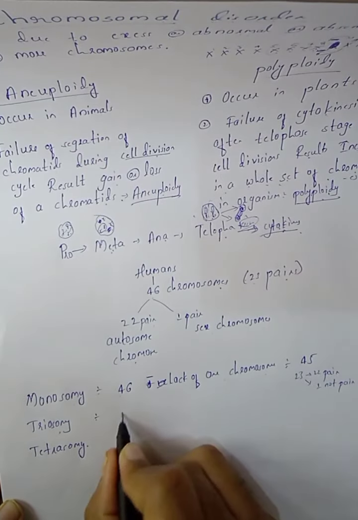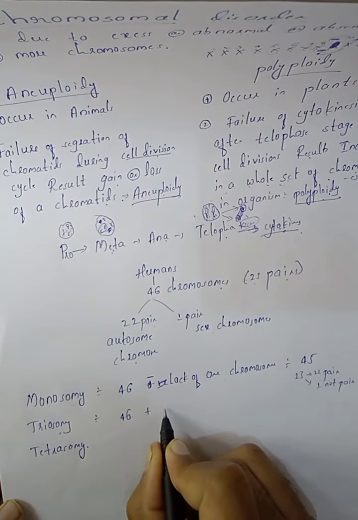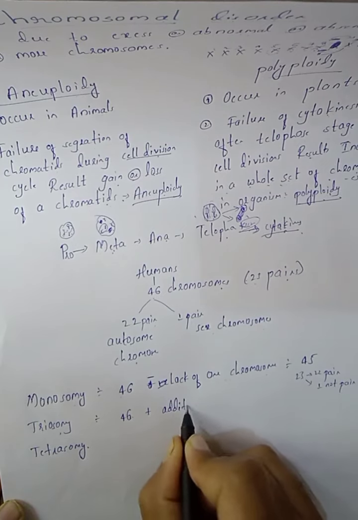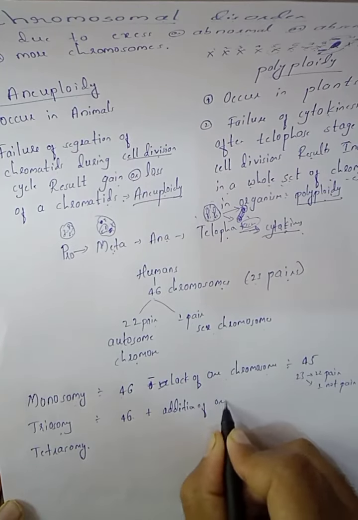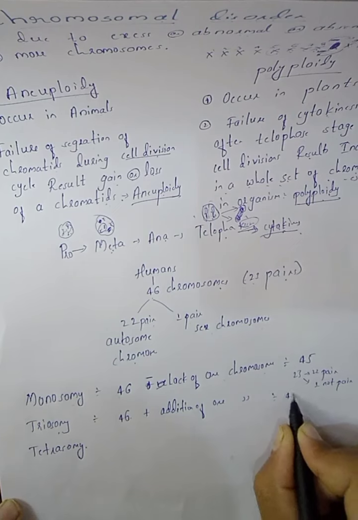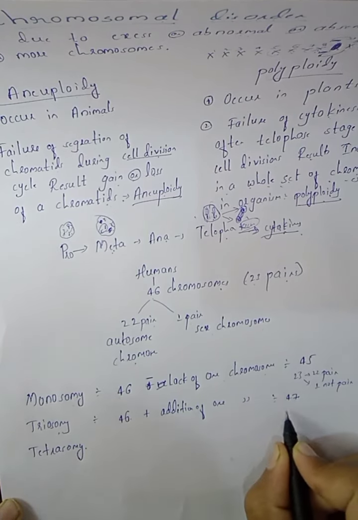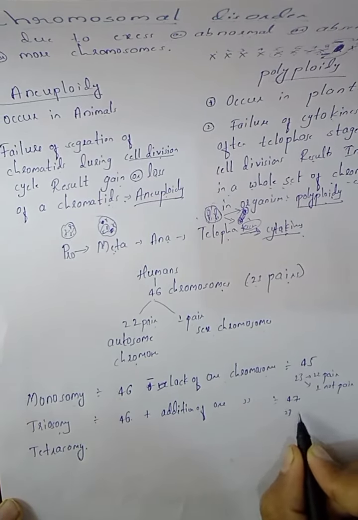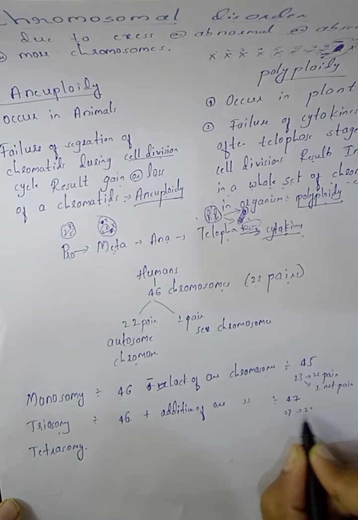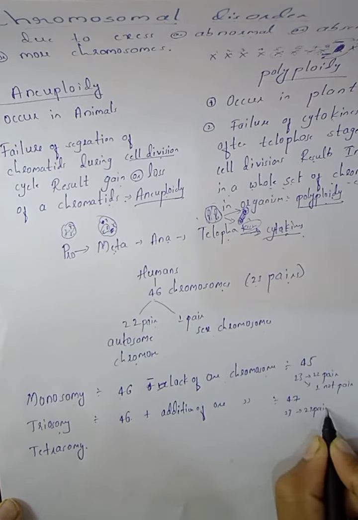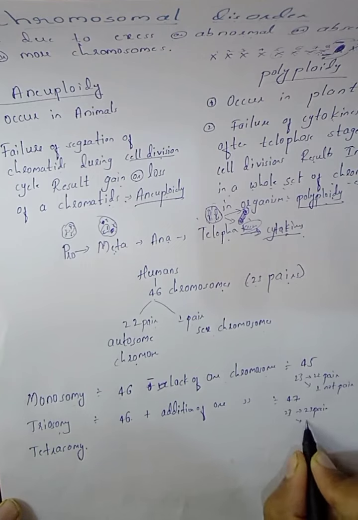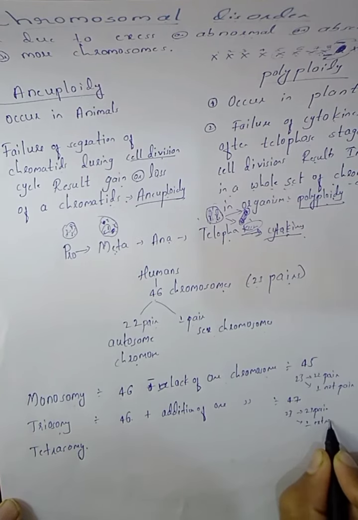Now what is monosomy? Monosomy means 46 chromosomes are there already, and with the loss of one chromosome it becomes 45: 22 pairs are there, and then one is not a pair, that is monosomy. Trisomy means 46 plus the addition of one chromosome, becoming 47: 23 pairs plus one extra chromosome.